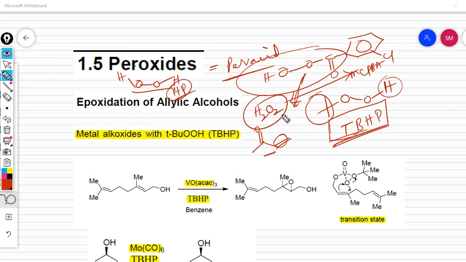In that condition, hydrogen peroxide is the best reagent to convert conjugated double bonds into epoxides.